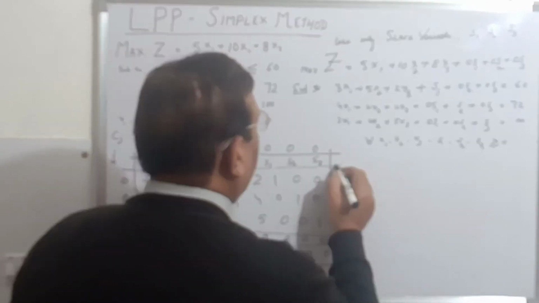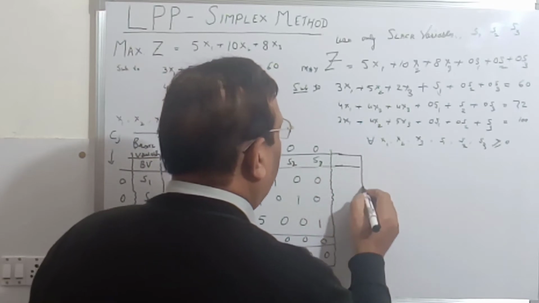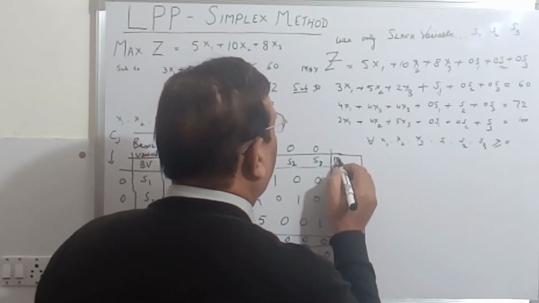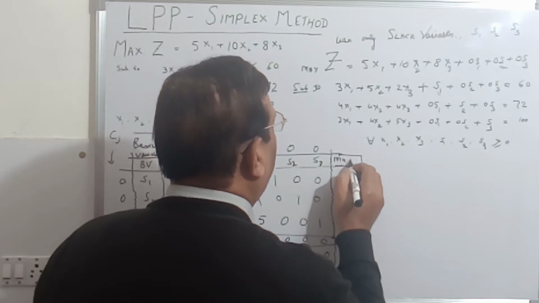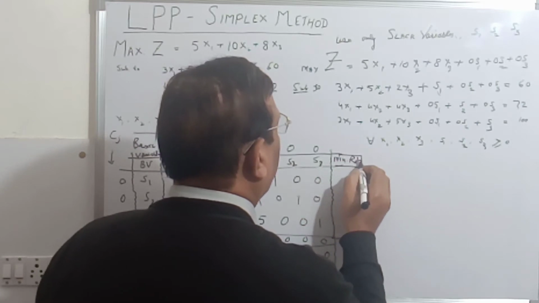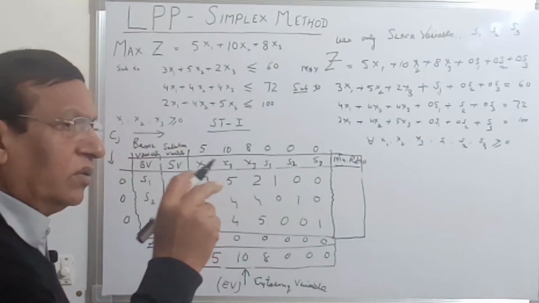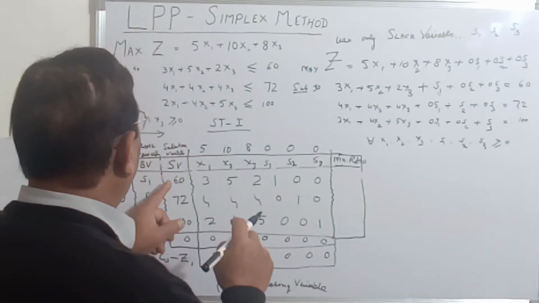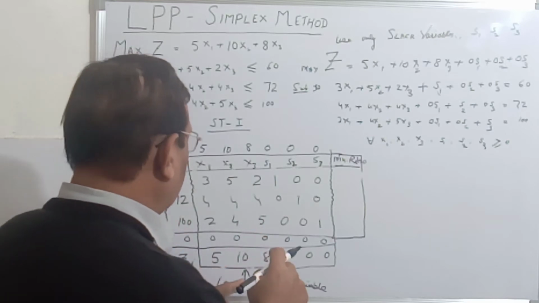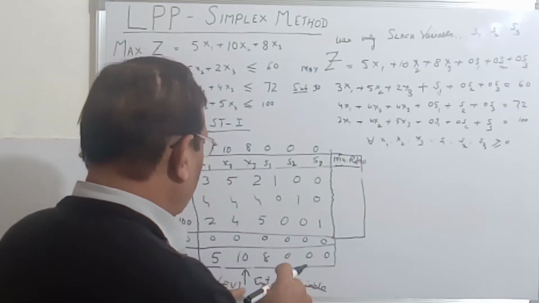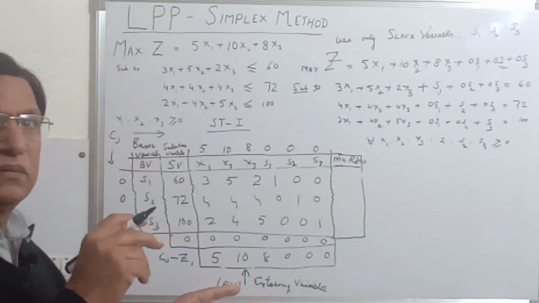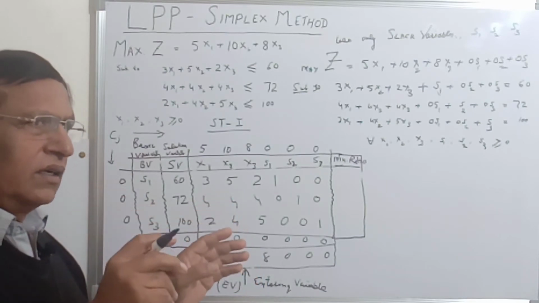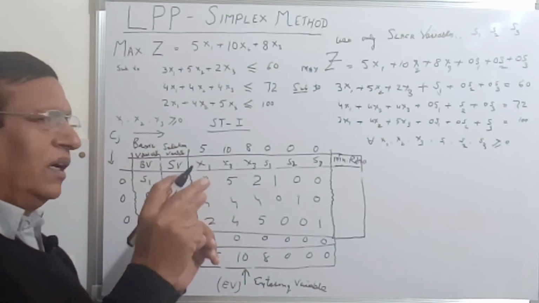Now you have to calculate the minimum ratio. How to find the ratio? You have to divide the solution variable by the corresponding coefficient of the entering variable. This technique cannot be changed, it will continue forever.